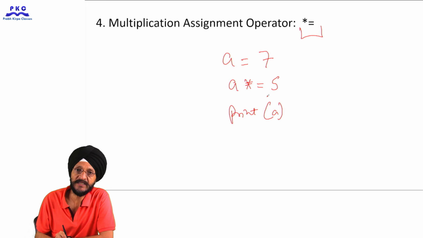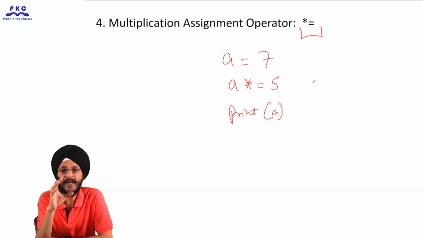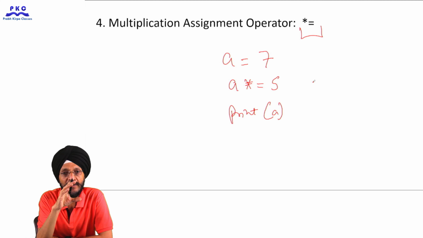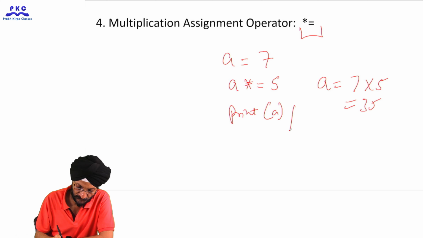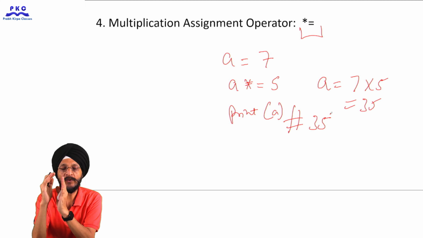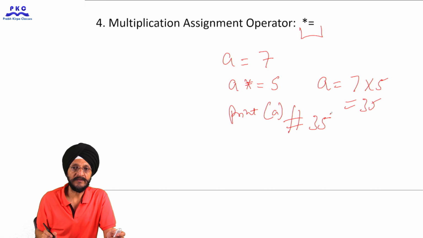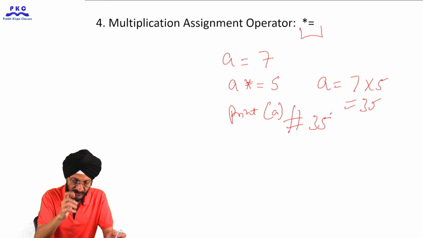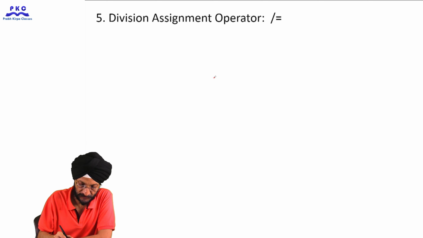This multiplication assignment operator will multiply the variable with the value written on the right hand side. That is, a will become 7 into 5. So what will be the output? 35. That is, the value written on the right hand side will be multiplied with the value contained in the variable a.